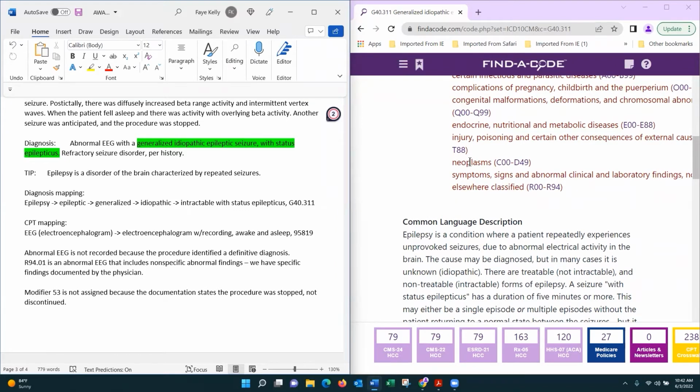The abnormal EEG falls under the R, which is our symptom codes, correct? We don't want to assign a code that's not necessary when we can actually tell the reviewer, the payer, the insurance company, we don't have to say that the EEG was abnormal because we're telling them that when we assign the definitive code.